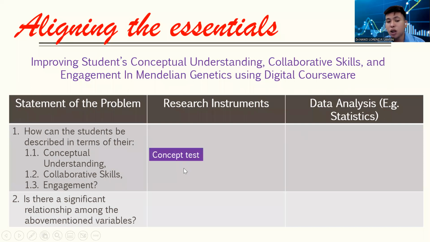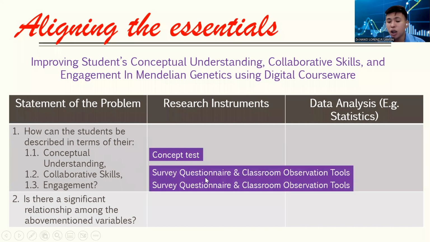So this time we'll be using concept tests for conceptual understanding and survey questionnaire or classroom observation tools for collaborative skills and engagement. As you can see, the survey questionnaire is not the only instrument used by the researcher. It also required a classroom observation tool. Probably because the researcher would like to confirm if the students really collaborate or engage.